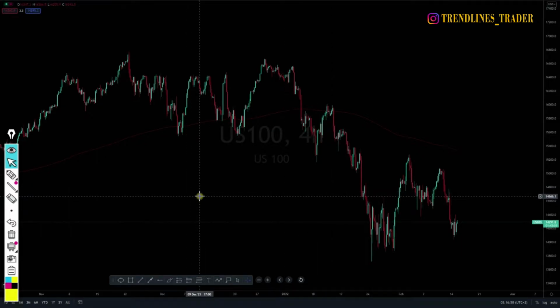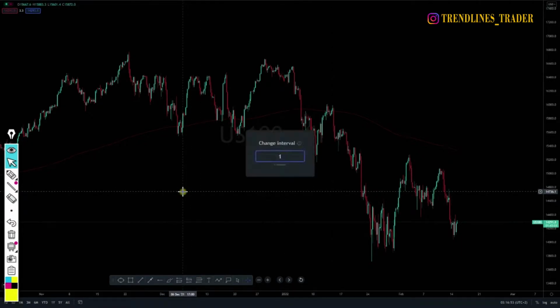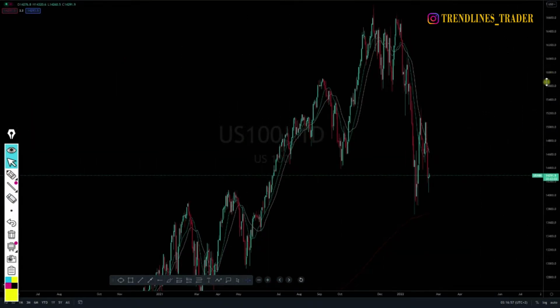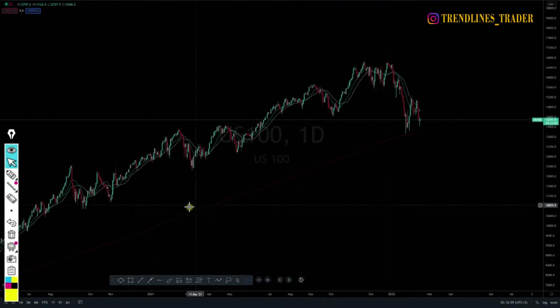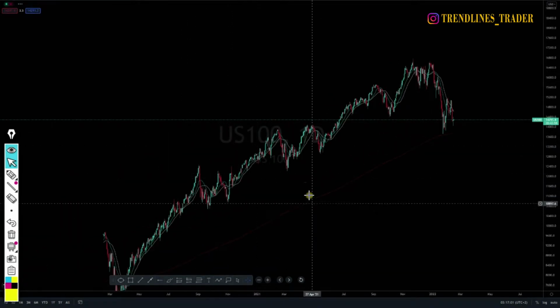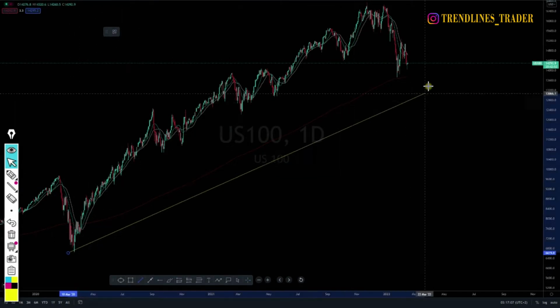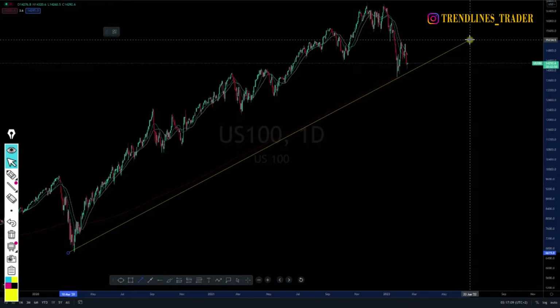Allow me to go to daily time frame so that we can see where the price is going. Remember that yesterday I was showing you this type of move where the price is still on the bullish trend.